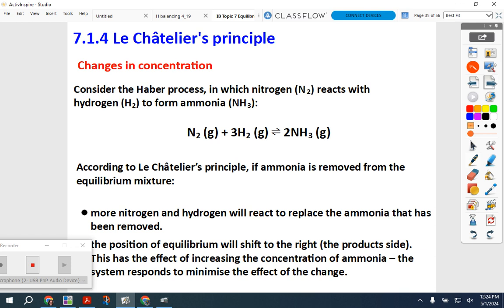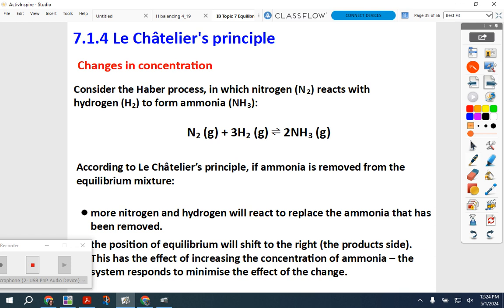So one of the things that we can do to make more ammonia is, once we reach equilibrium and the forward and reverse reaction rates are the same, we can take some of the ammonia out. We can selectively remove the ammonia from the tank.